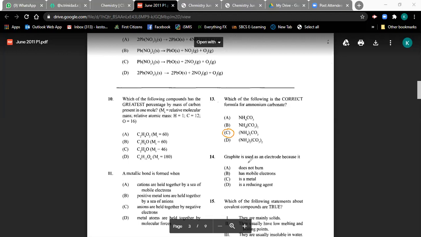14. Graphite is used as an electrode because it doesn't burn, has mobile electrons, it's a metal, it's a reducing agent. Why? I guess it's A, because it doesn't burn. Mobile electrons have nothing to do with it.